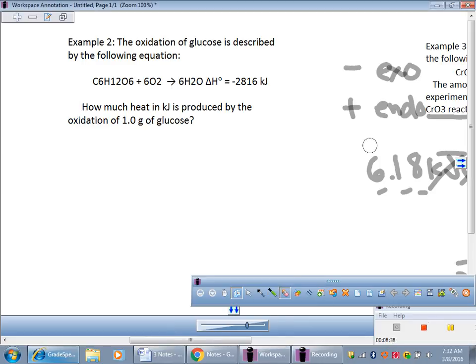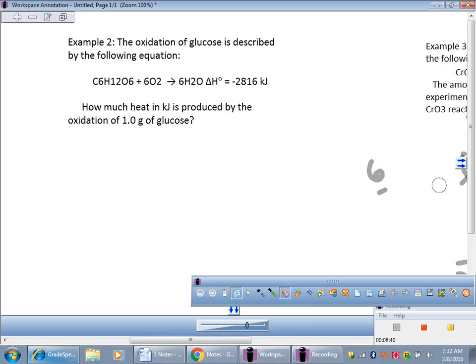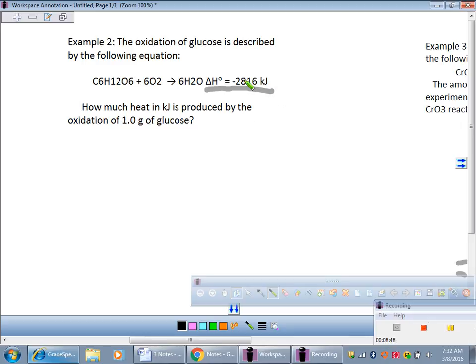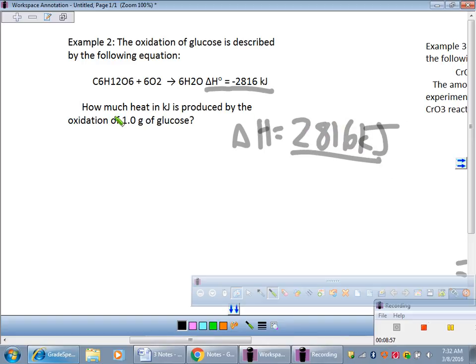All right. Example 2. Okay, so here's our next reaction. We're given a delta H again. So remember, I want you to take your delta H and rewrite it as kilojoules per mole of whatever we're talking about. We're talking about glucose.